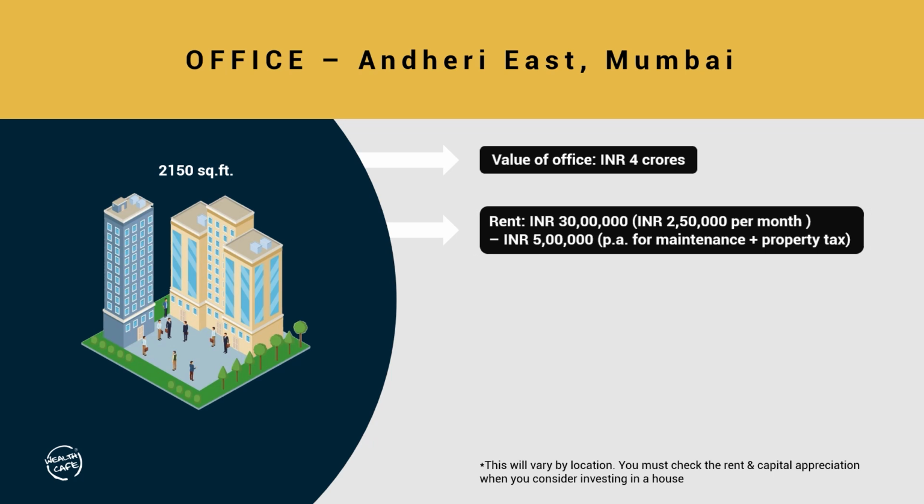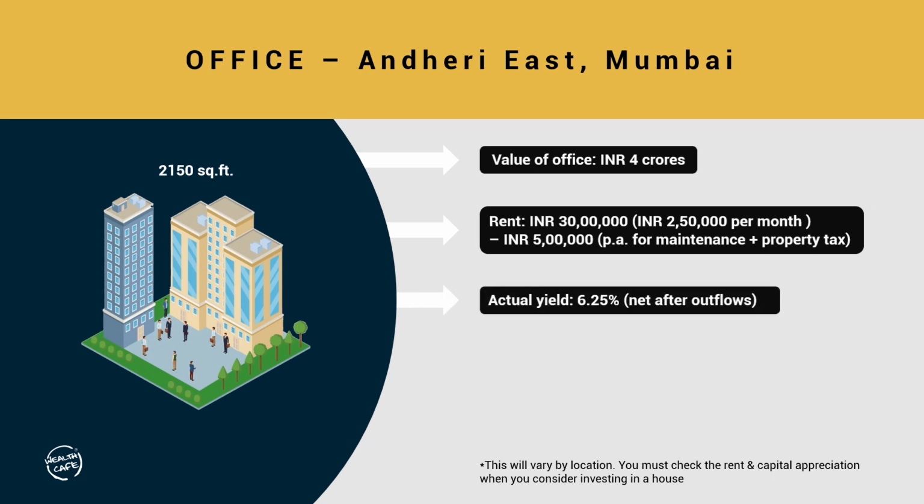You can budget about 5 lakhs for your maintenance and tax, and after that you're left with a net rental amount of 25 lakhs per annum. 25 lakhs divided by the value of your office of 4 CR gives you a rental yield of 6.25% per annum. You can see that the rentals from a commercial office are definitely higher than your regular home.